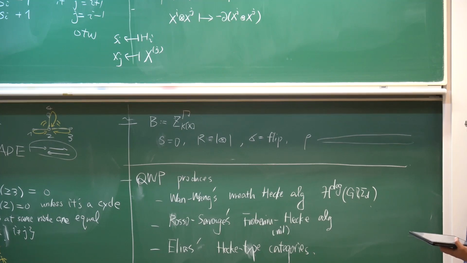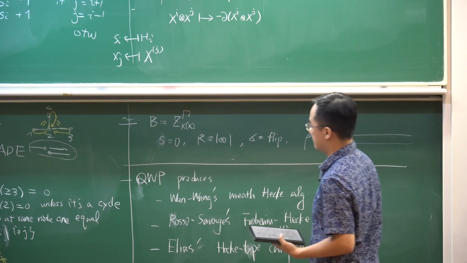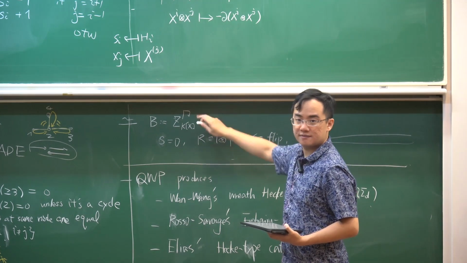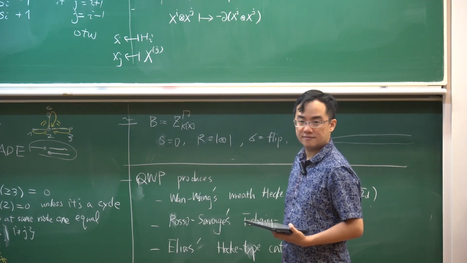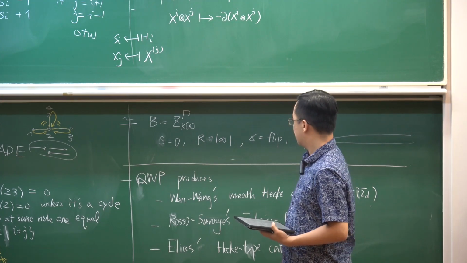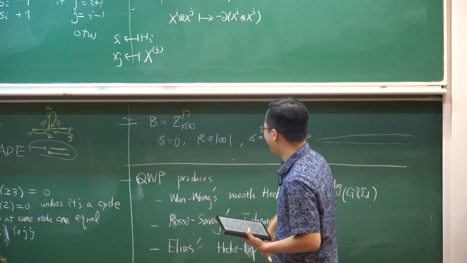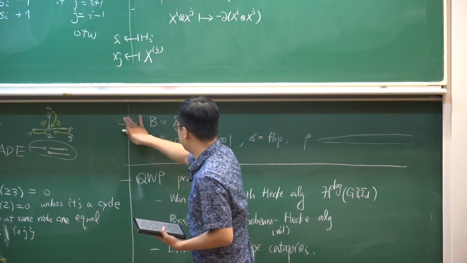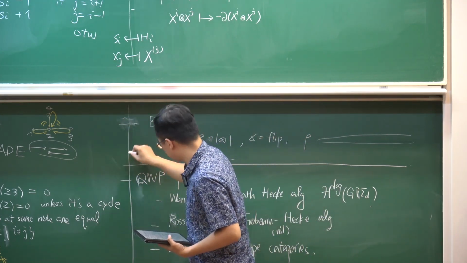So B is defined to be this zigzag algebra, S you choose, R you choose, sigma is chosen, rho is chosen, and what do you get? Oh, sorry. I missed the punchline.